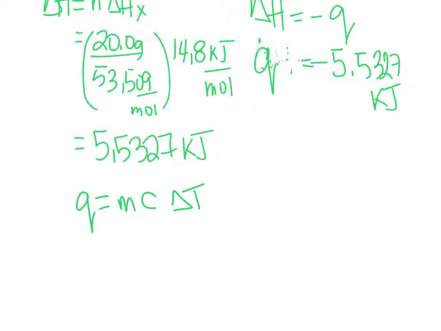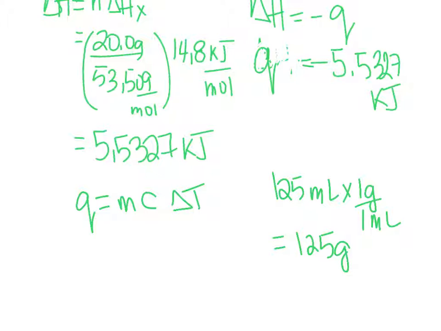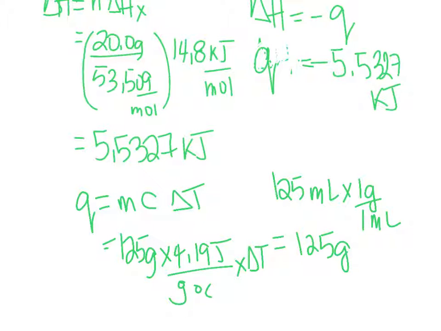We've got 125 milliliters, so 125 grams times the specific heat capacity of water. And that's negative 5.5327. Now we have a problem.